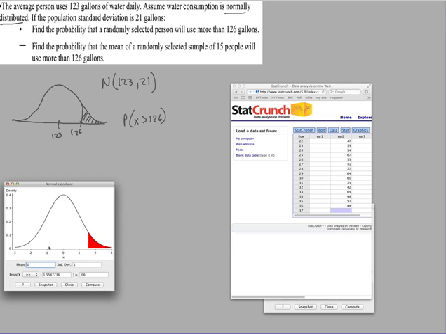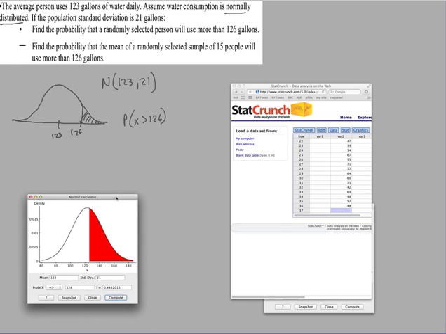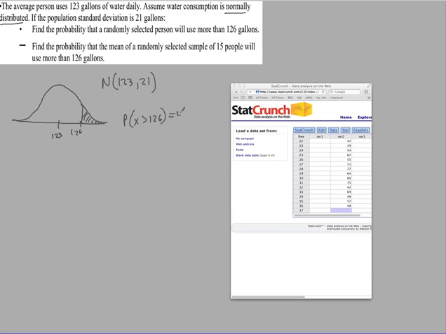Okay, I want my mean to be 123, standard deviation to be 21. I want greater than, just like I am there. These are my 126. So it's going to be about 44.3%. And of course, you could write this as a decimal too.